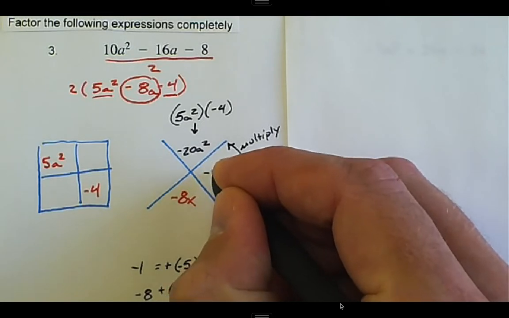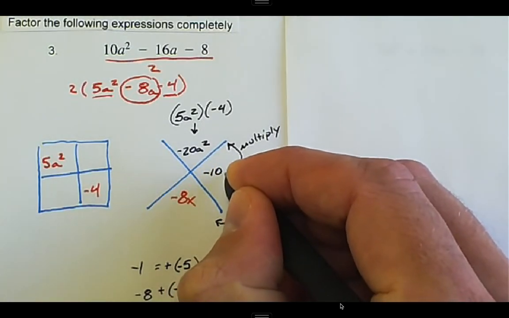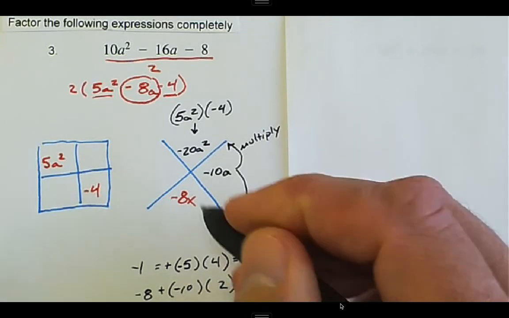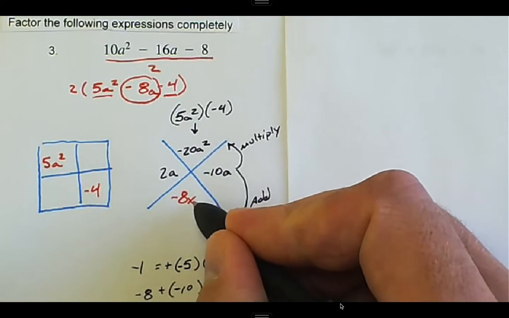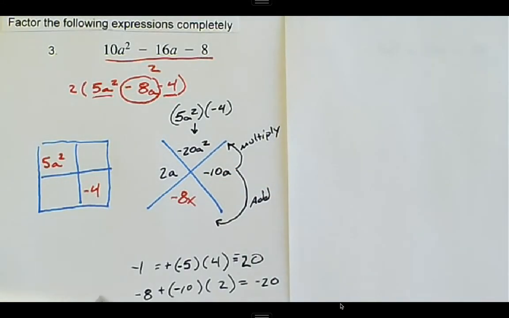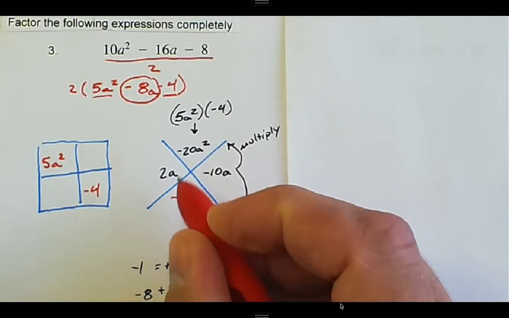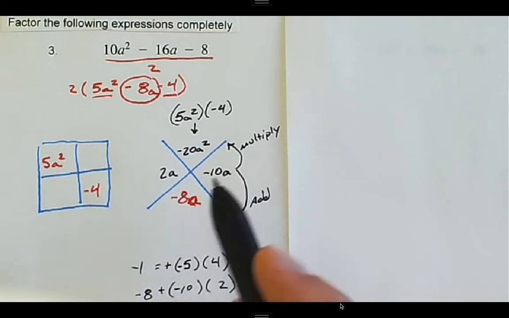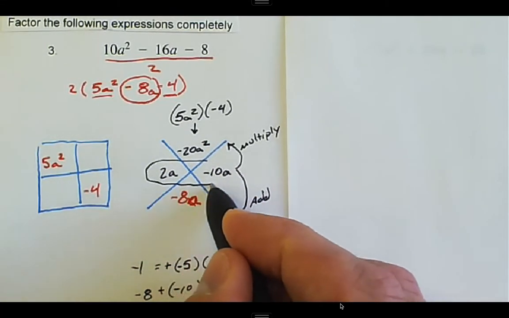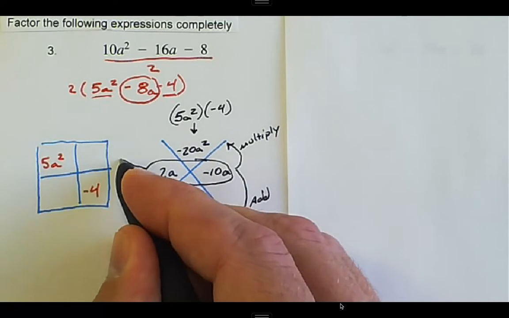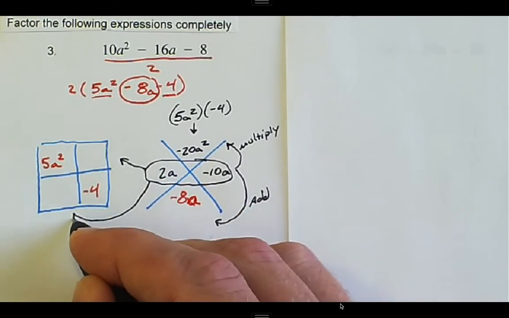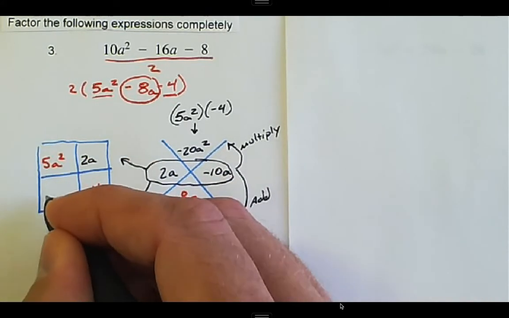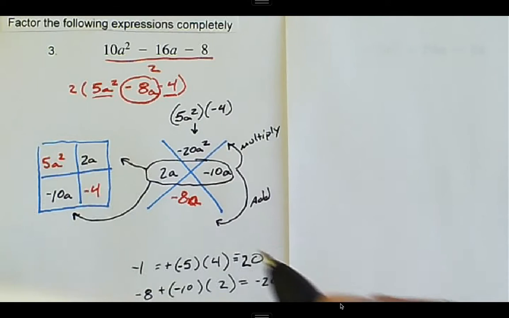So we have negative 10a and 2a. I see that I wrote an x there. That should be an a value. There's no x's in this. All the variables are a. So these two terms fill these other two corners that we haven't filled. So we'll put 2a here, and we'll put negative 10a here.